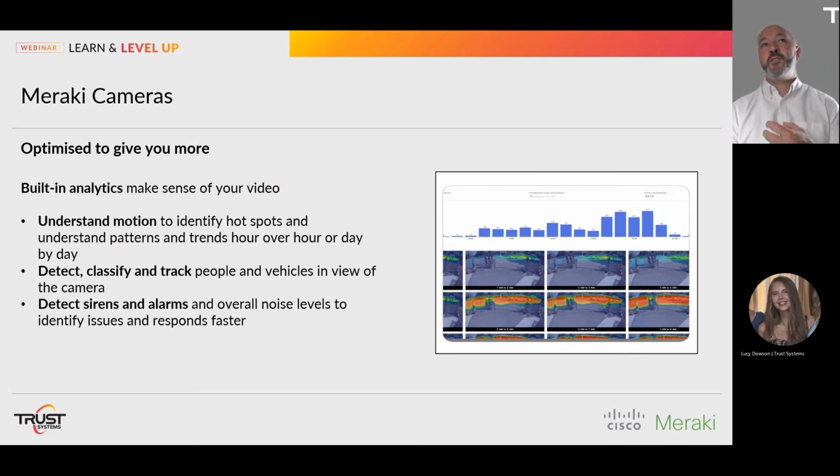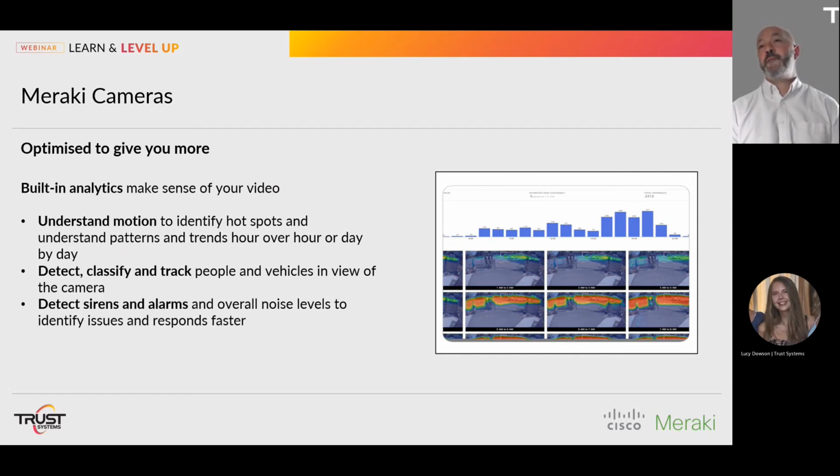But this is information that can stand alone within the cameras to identify hotspots and patterns and trends over a day or over a particular time period. You can indeed, as I mentioned on the previous slide, detect certain types of activity, whether it's people or vehicles that are in the view of the cameras, and provide that notification back to your operational staff.